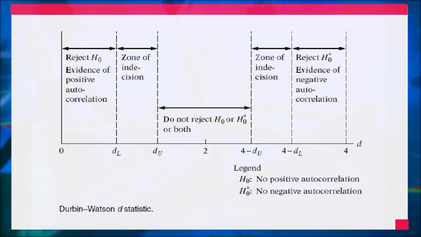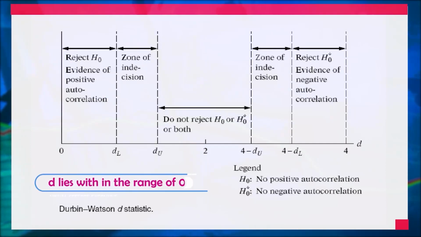But if we take the autocorrelation coefficient to be plus 1 or minus 1, then D will be a minimum of 0 and a maximum of 4. So it will lie within the range of 0 to 4.